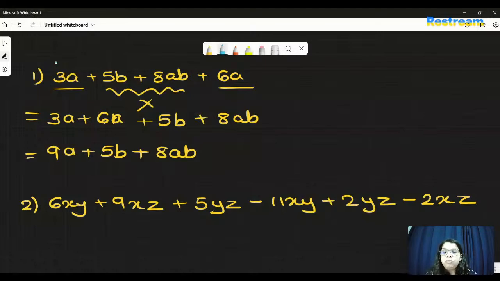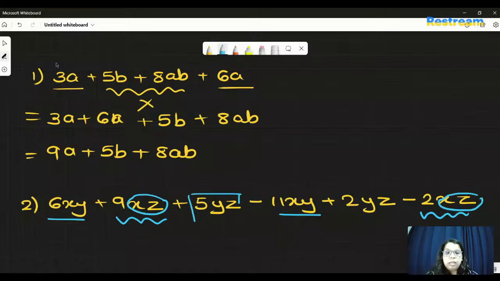So now I have three different pairs of like terms. So this is my first term. This is my second term. So we are always looking at this part of the expression. And this is my third term. Okay. So I'm going to bring them together. Always remember to write them together.